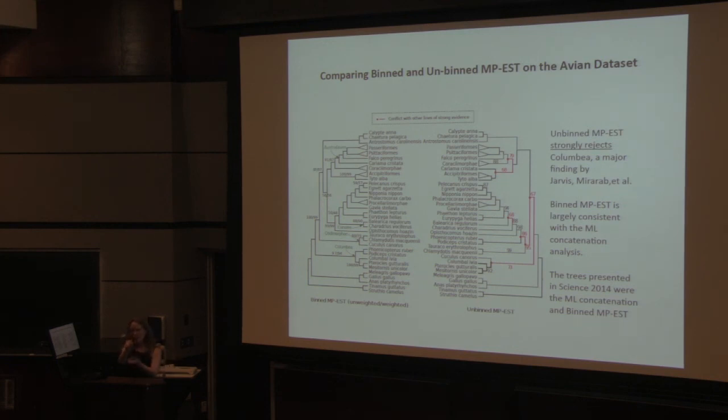I'm just emphasizing that you're using the trees as your input. So you're not using the sequence data as your input, you're using the trees as your input. The particular technique that Astral does is it looks at the quartet trees in each of these trees, right? And it just tries to optimize quartet similarity. So that's what I mean.